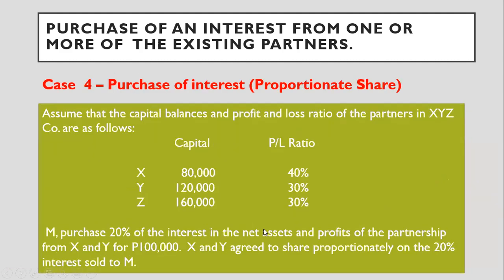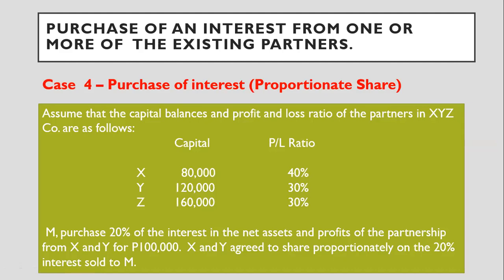Okay, then next we have case number 4. Purchase of interest, proportionate share. So the same problem. At this time, M purchased 20% of the interest in the net assets and profits of the partnership from X and Y for 100,000.